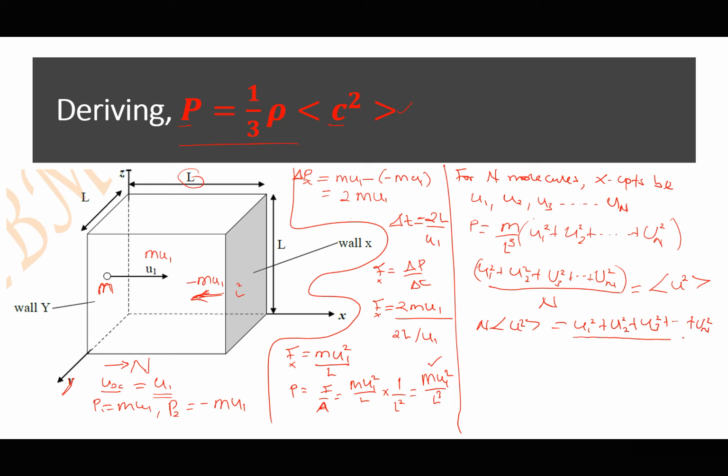So where there is this quantity, I'm going to replace it with this. So the pressure of these molecules becomes m over L cubed times the number of molecules times the average square speed of the molecules.